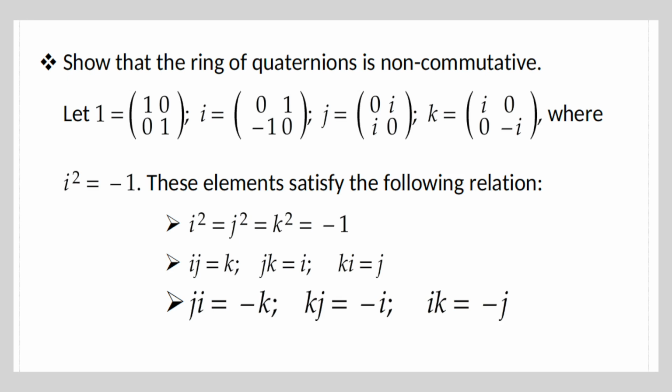These elements satisfy the following relations: i square equal to j square equal to k square equal to -1, ij equal to k, jk equal to i and ki equal to j, ji equal to -k, kj equal to -i, ik equal to -j.